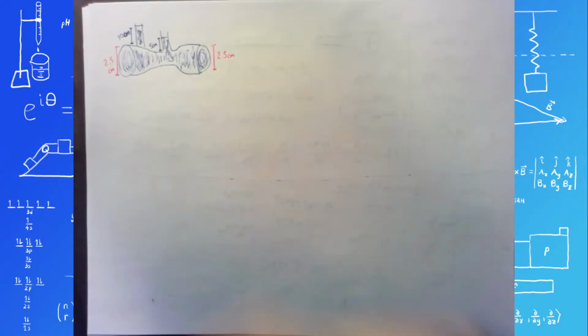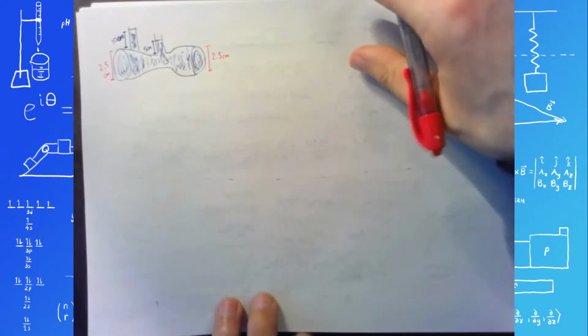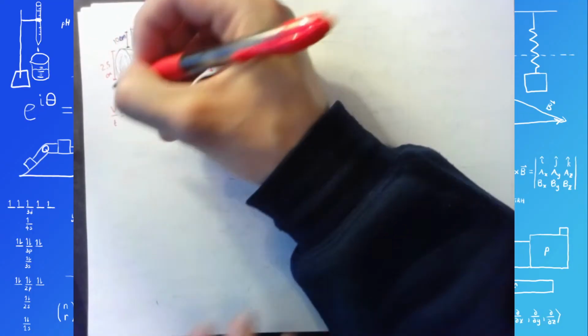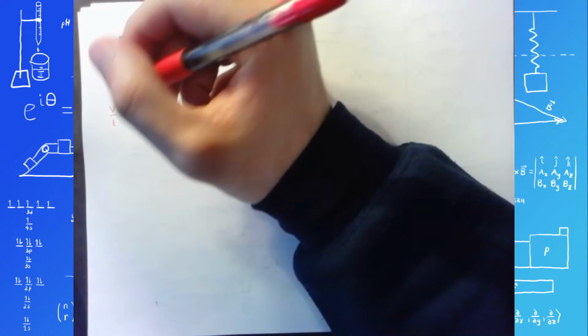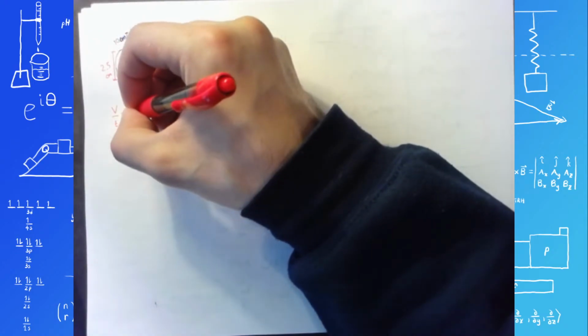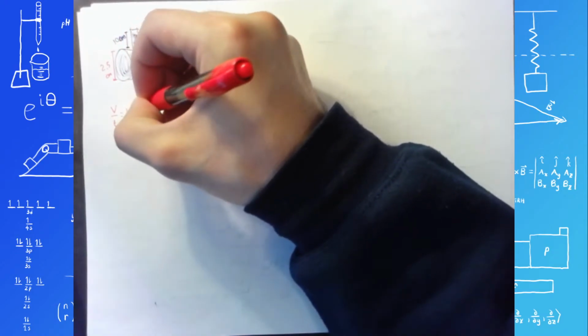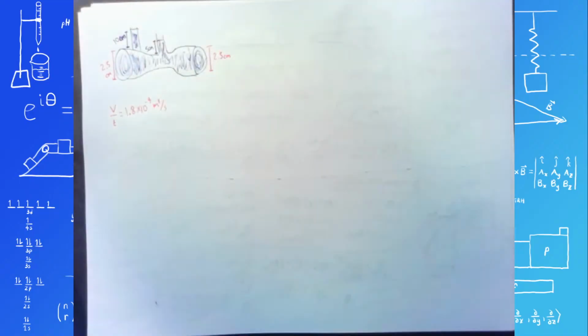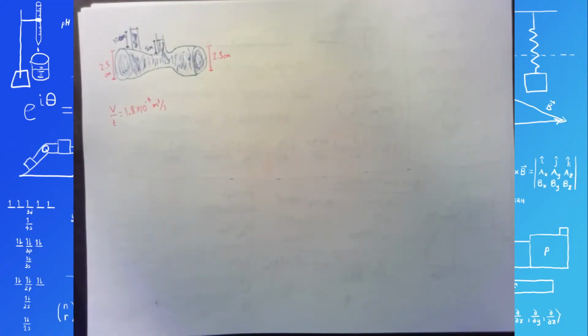So net water flow is to the right, and it flows at a rate, volume over time, equal to 1.8 times 10 to the negative 4 cubic meters per second. Determine the inside diameter of the constriction.